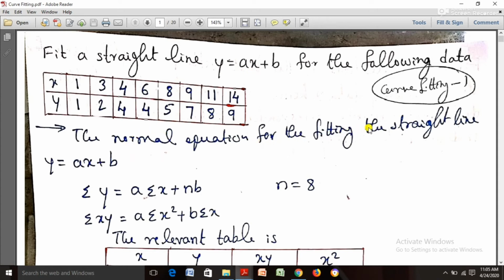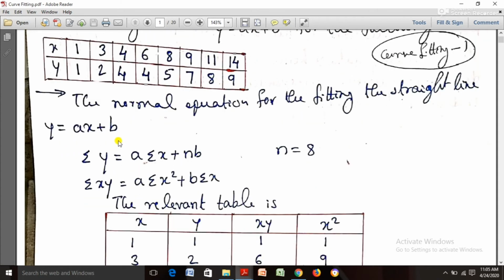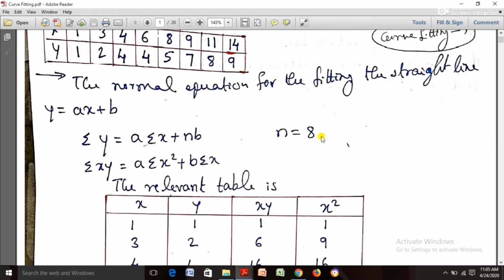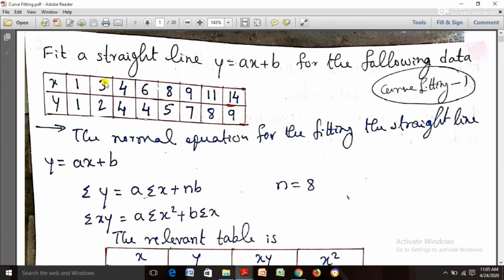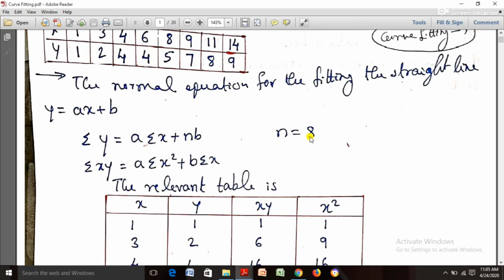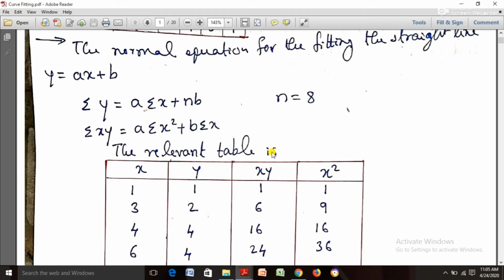Using the normal equations we have to find the a and b values. The normal equations for fitting the straight line y = ax + b are Σy = aΣx + nb and Σxy = aΣx² + bΣx. Here n = 8, because there are 8 values of x. So we use n = 8 in the normal equations.